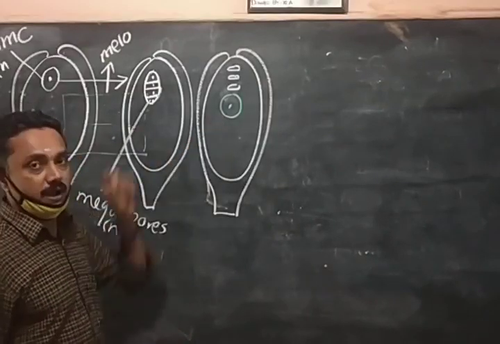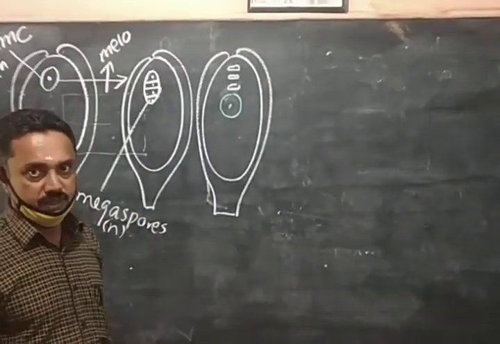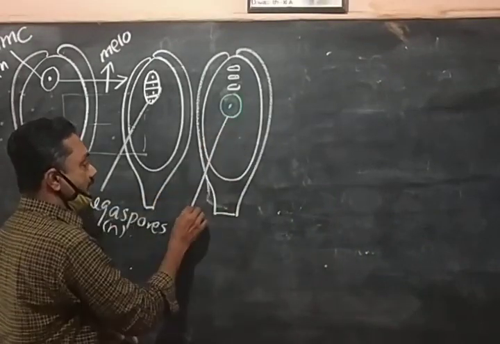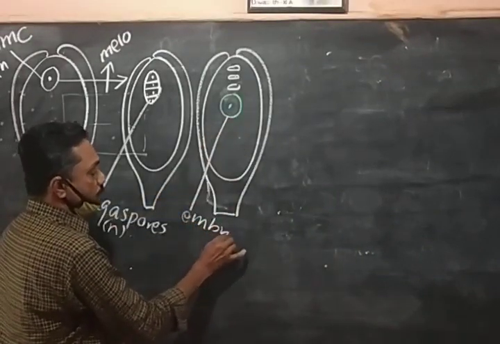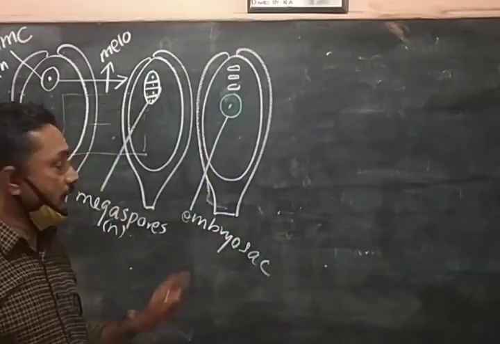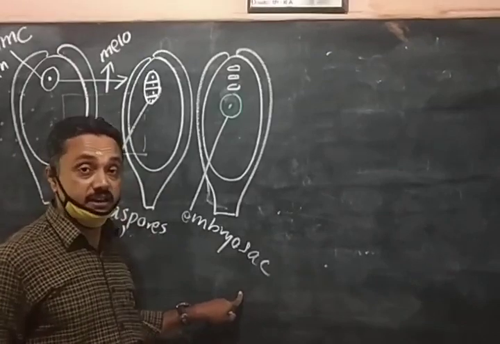This is the surviving megaspore. And this one surviving megaspore enlarges and develops into the embryo sac.